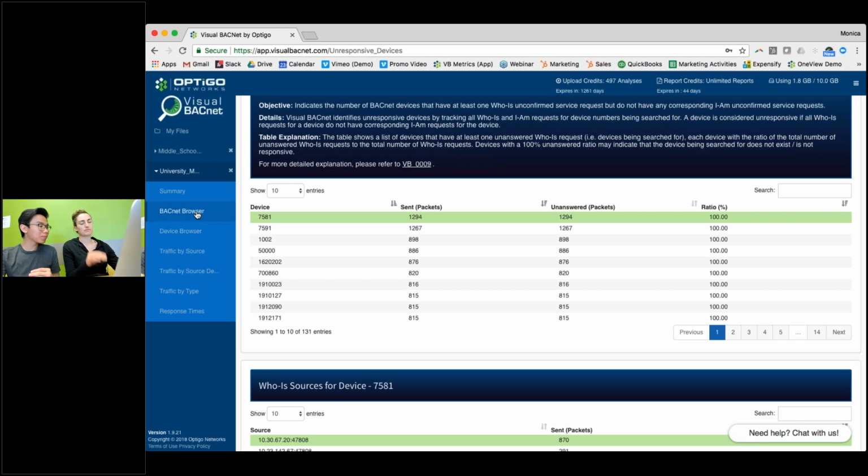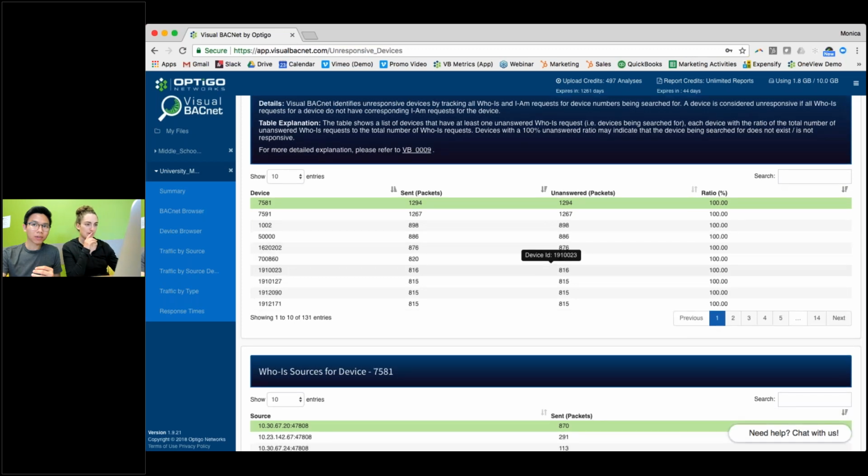Go to the BACnet browser. No, because there's no devices on that network. So we're trying to see who is talking to network 16. These devices, and these devices are not responding.